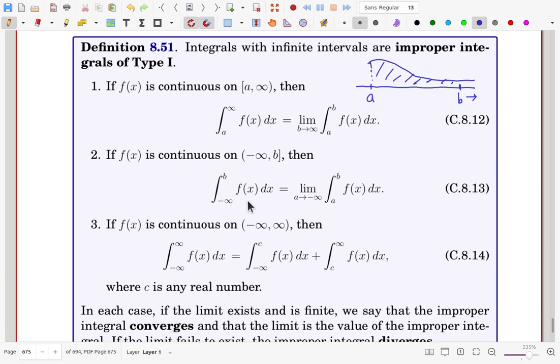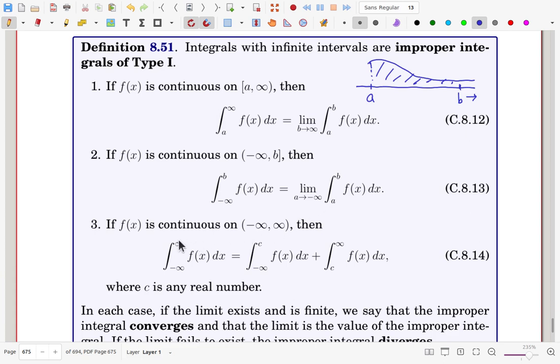Similarly, when f is continuous from minus infinity to b, then we try to get the integral from a to b, and then take a limit as a approaches minus infinity.